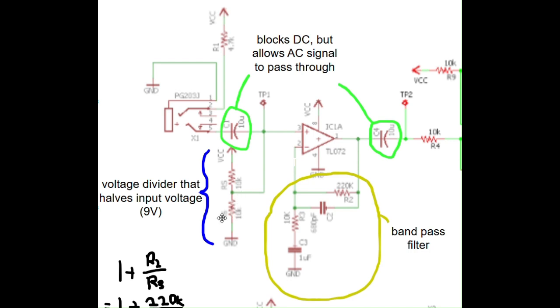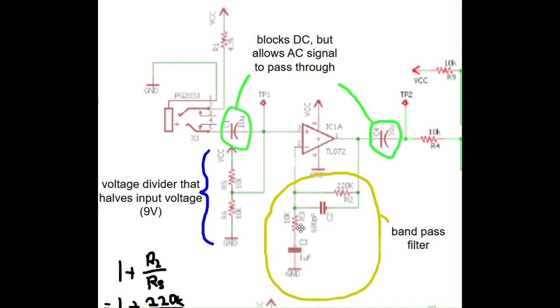That gives us 4.5 volts. It acts as a level shifter that prevents the sine wave from being distorted and is forced to single supply mode.